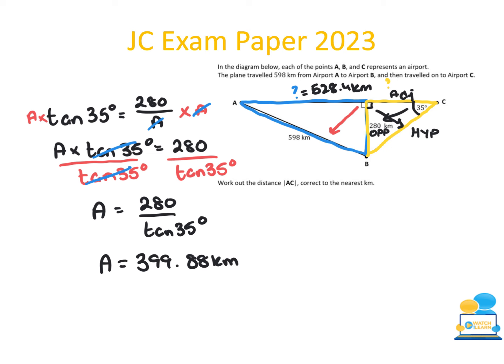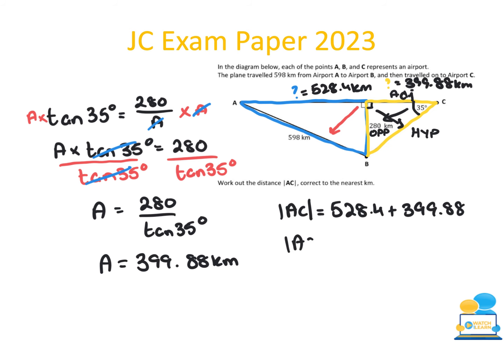So this is now my second value for the unknown side here. For me to get the full length of AC, I'm going to add my first answer from my first right angle triangle, 528.4, plus the answer from my second right angle triangle, 399.88. Those are the two values that make up the full length of AC.